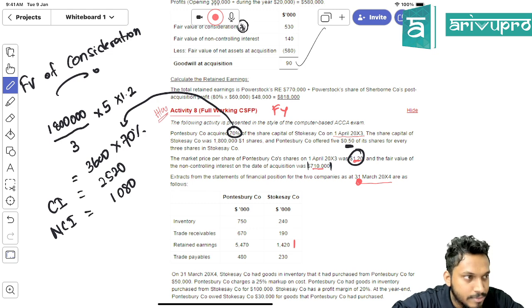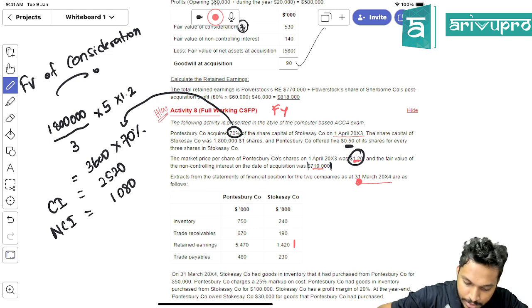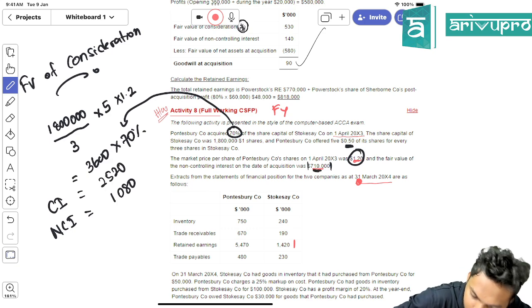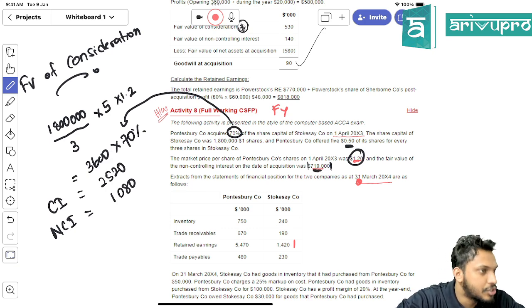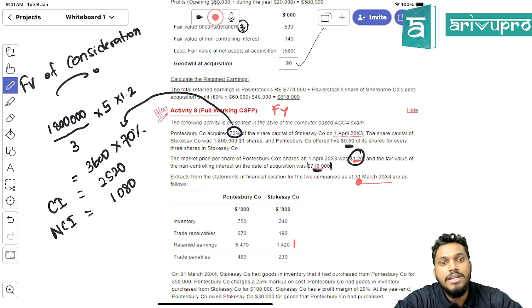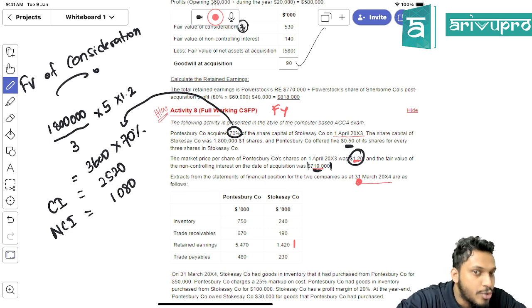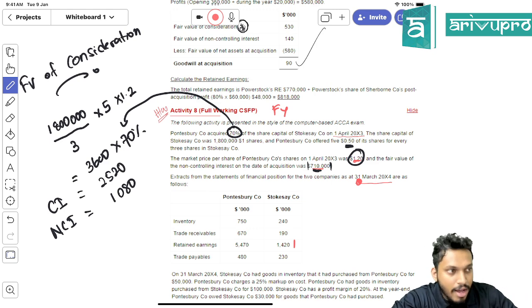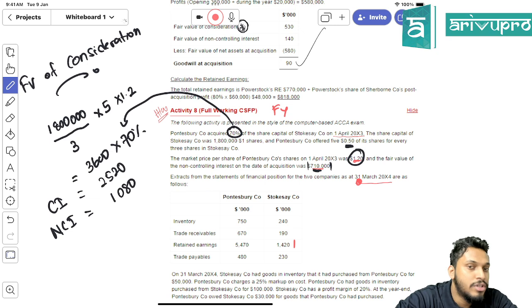Did you understand that? In this question, they have made some adjustments, some other deductions, which means there can be some revaluation losses. So those things are not provided to us. So in a question where the examiner is not giving you the fair value of non-controlling interest, you can take this.